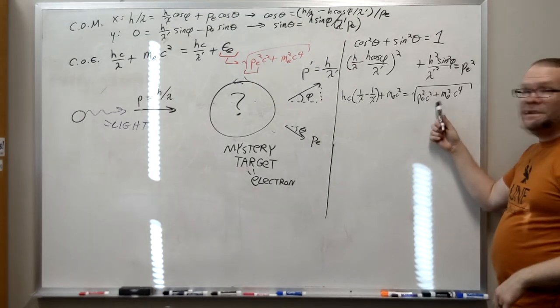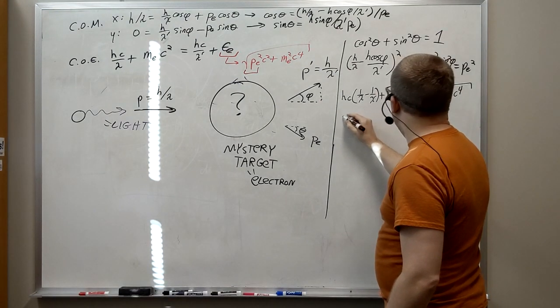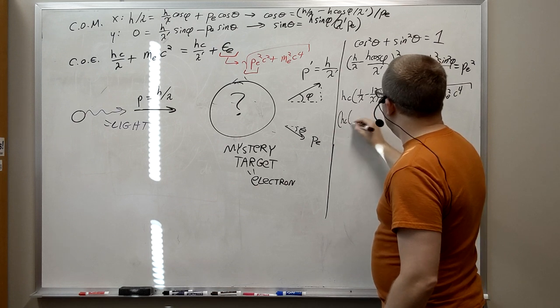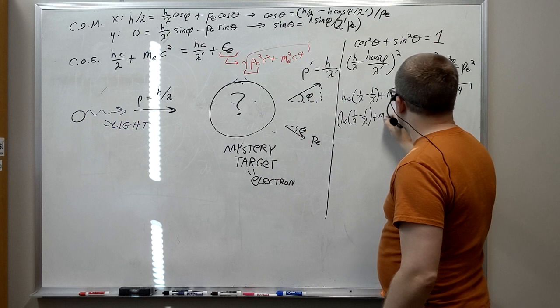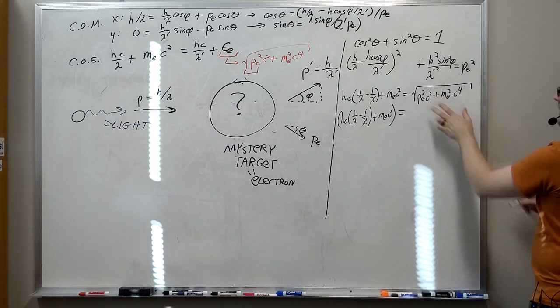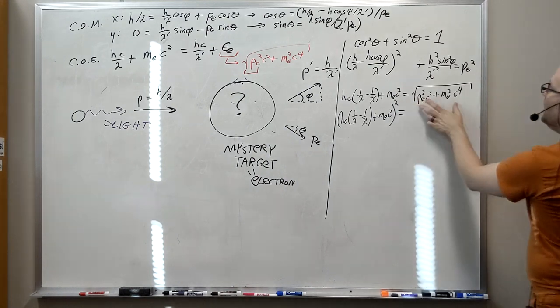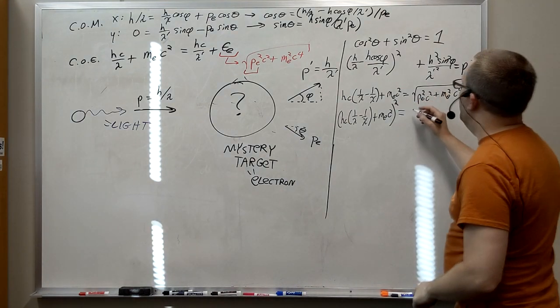I'd rather not have this square root over here, so we'll square both sides. So we'll have HC times 1 over lambda minus 1 over lambda prime plus MEC squared, square that, going to equal this whole thing without the square root. Let's go ahead and replace our PE squared over here.